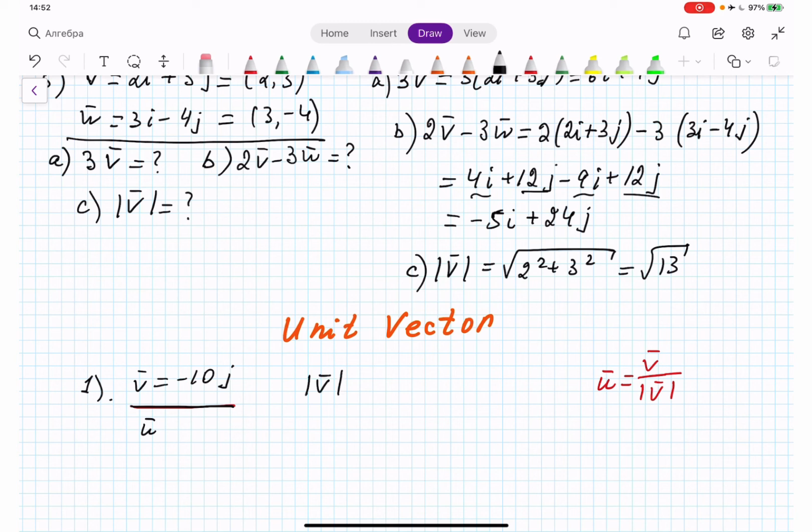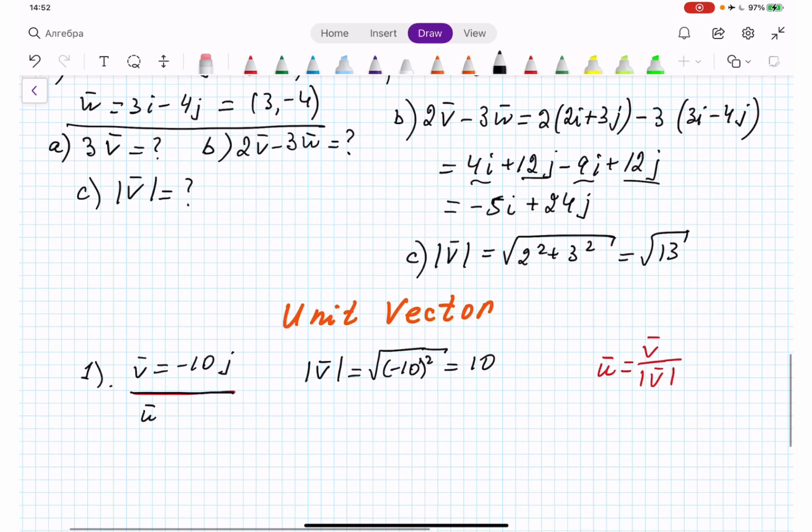So since our i here is 0, all we're going to do is the square root of negative 10 squared, which is going to be equal to 10. And the unit vector is equal to vector v over the magnitude of vector v. It's going to be negative 10j divided by 10. This is gone, and it's equal to negative j.